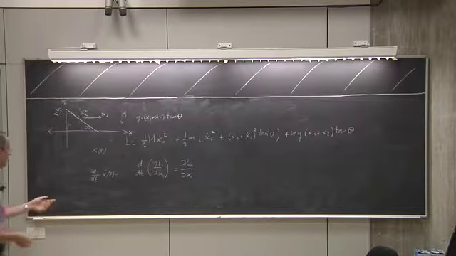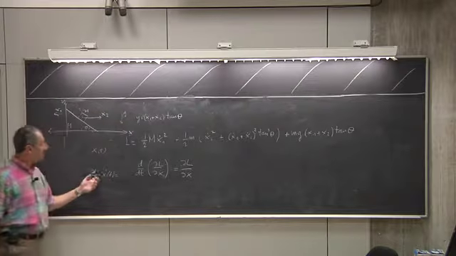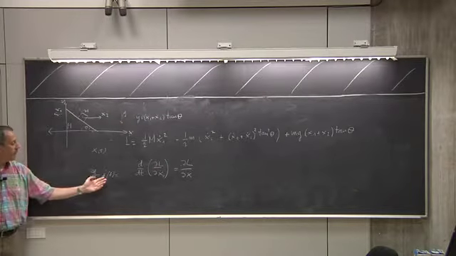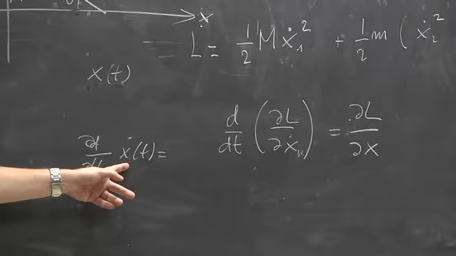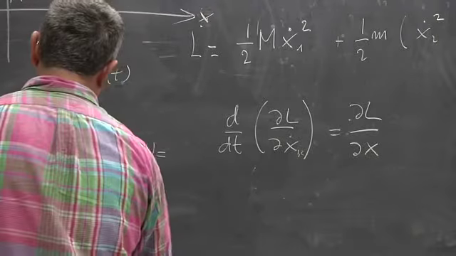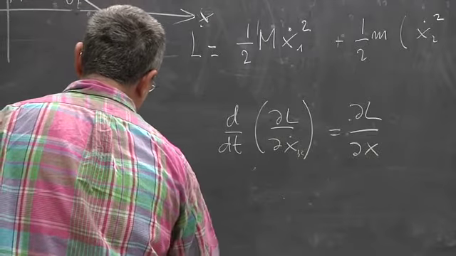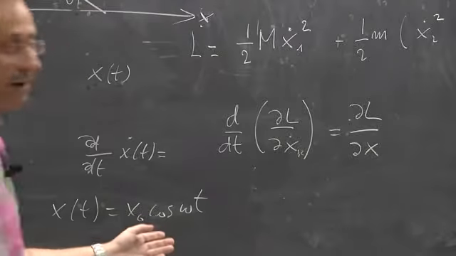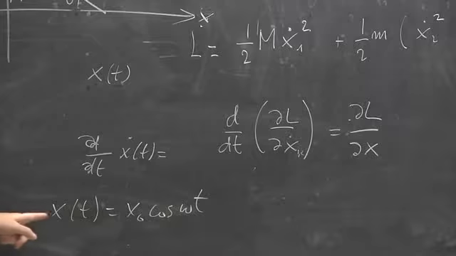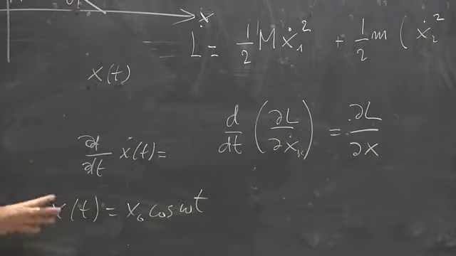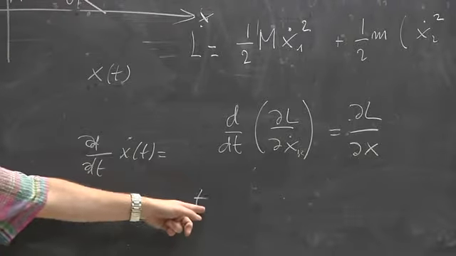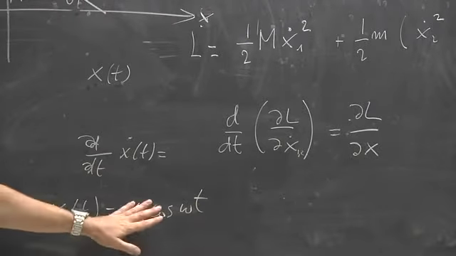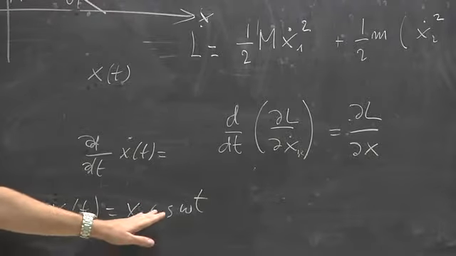But the partial derivative can very well be 0 if you don't have an explicit dependence on time. For instance, say x of t is x naught cosine of omega t, very famous. X dot, the total derivative, is clearly different from 0, and is minus x naught omega sine of that. But the partial derivative of this is just 0, because there is no explicit dependence.